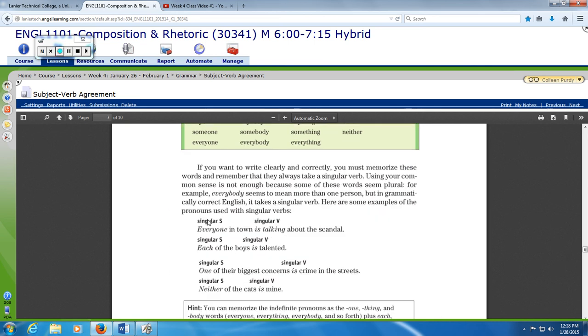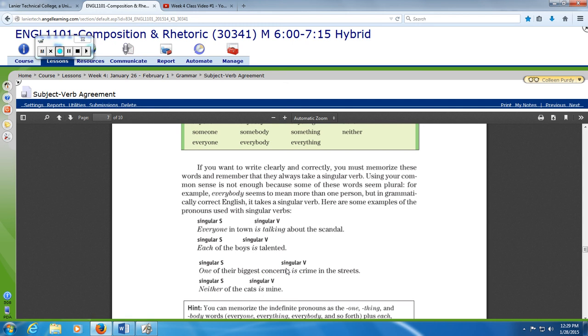Okay? So everyone is singular, is talking. That's your verb. This is a prepositional phrase. Says that. Prepositional phrase. So this could be a problem if you made the mistake that boys is the subject. Boys are talented, but it's not. That's a prepositional phrase. So you're left with the pronoun each, and that's singular, and it goes with a singular verb.